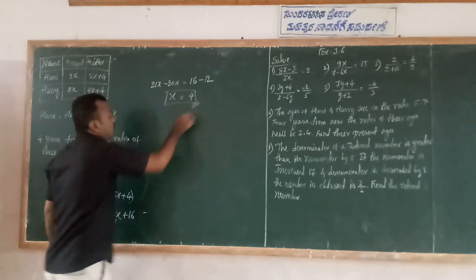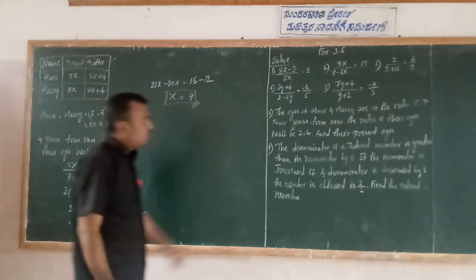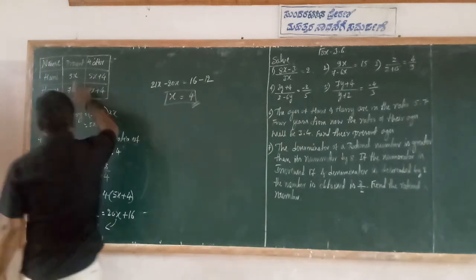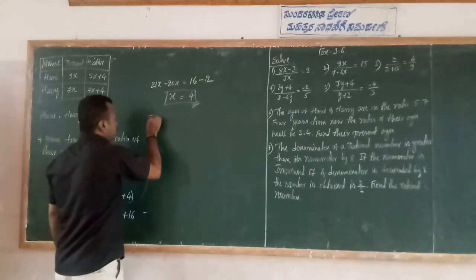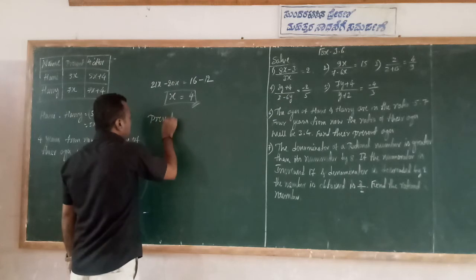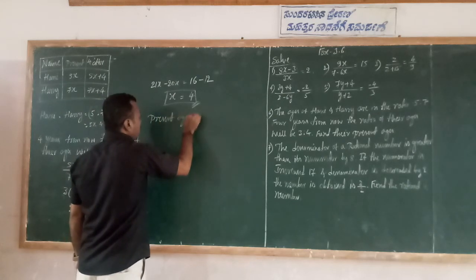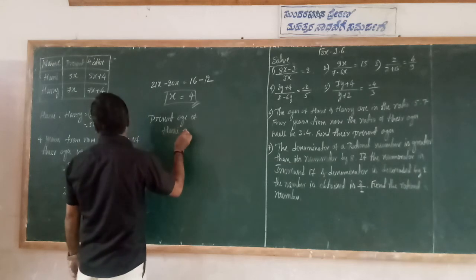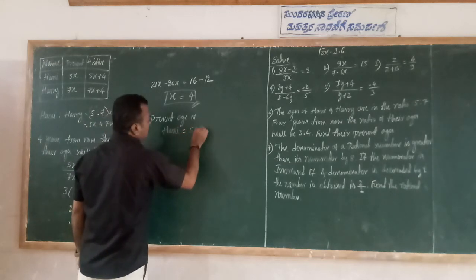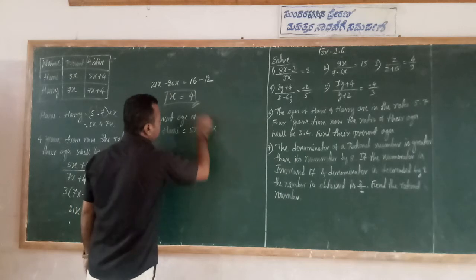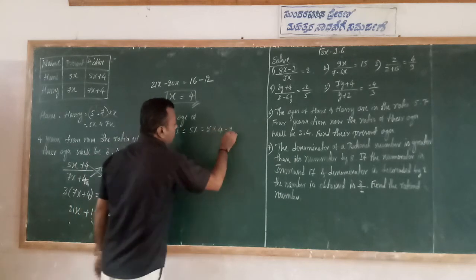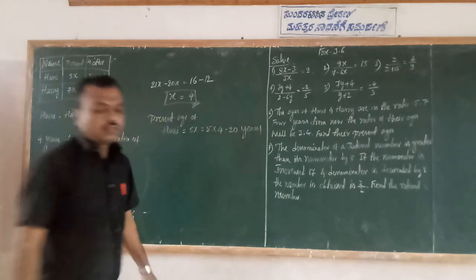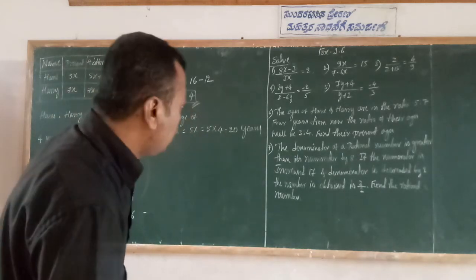But we want to find their present ages. The present ages are 5x and 7x. So the present age of Hari is 5x, which is 5 into 4, therefore 20 years.